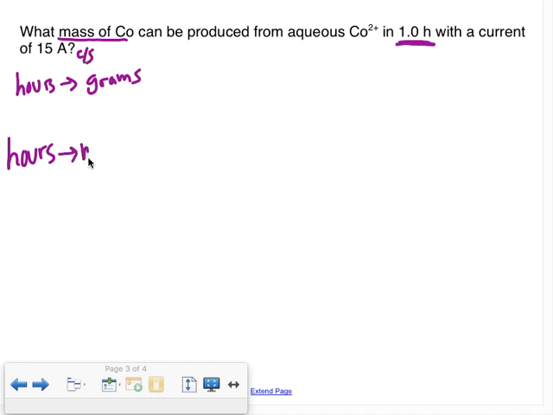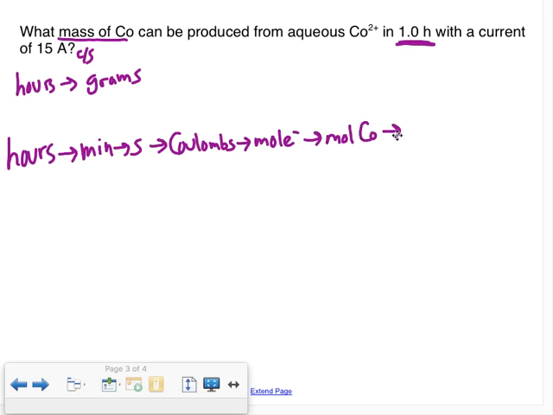Once we have seconds, we can use the current to convert time to charge. So we can go seconds to coulombs. And once we have the charge, we can figure out how many moles of electrons were transferred. And once we know moles of electrons transferred, we can figure out how many moles of cobalt. And once we know moles of cobalt, we can find grams of cobalt, which is what we want, right?